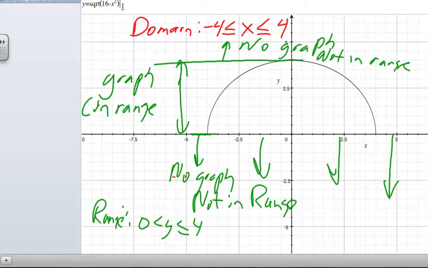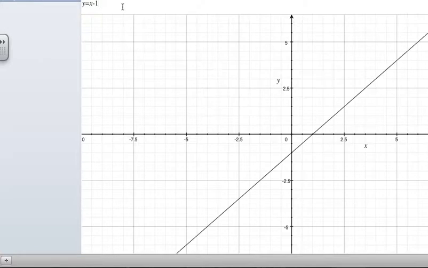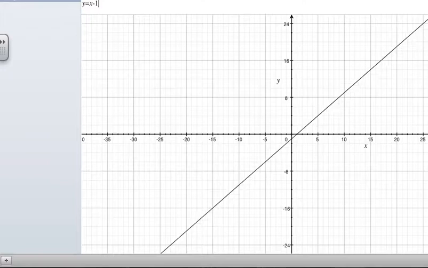Okay. Let's do another example here. X minus 1. All right, you should be able to graph this guy by hand, but let's take a look at our graph. And then zoom out and take a look at a really big honking picture.